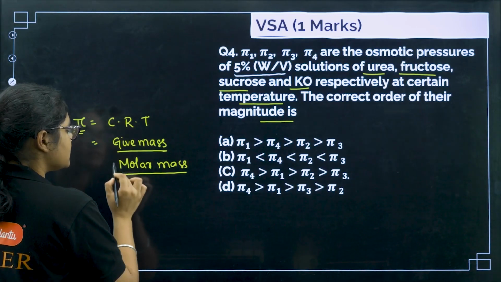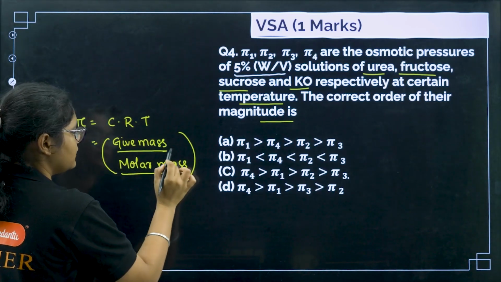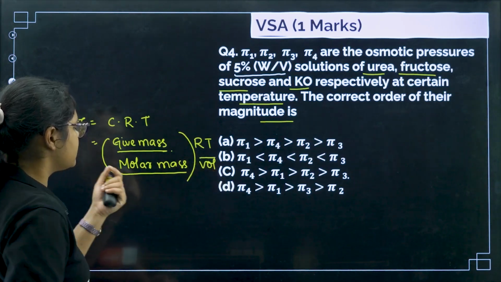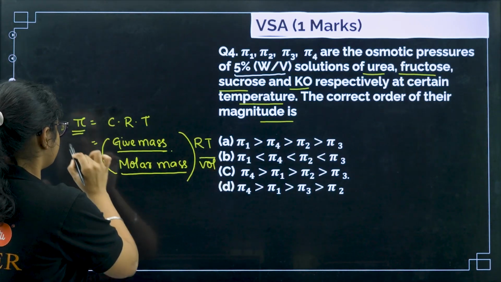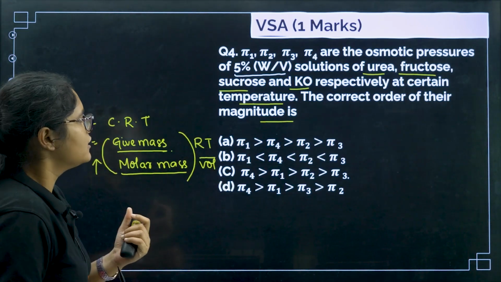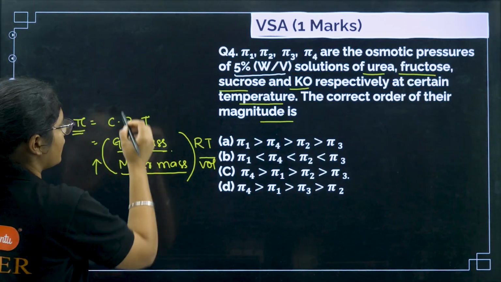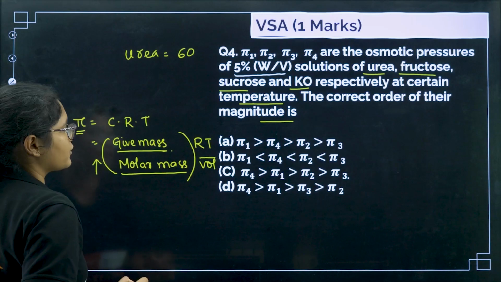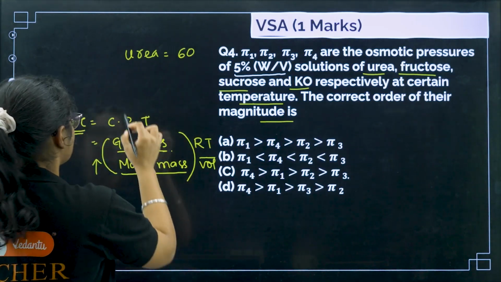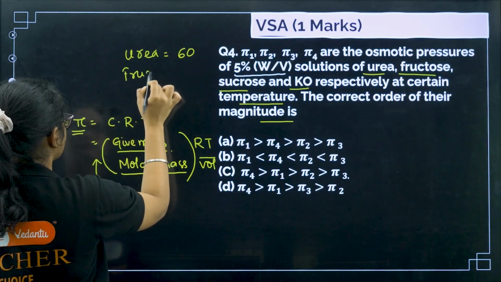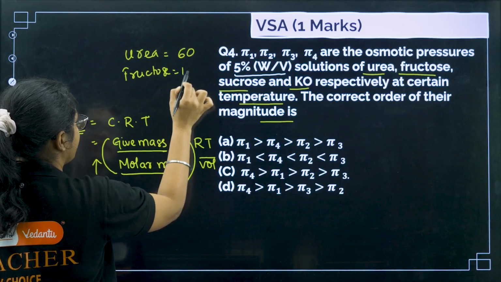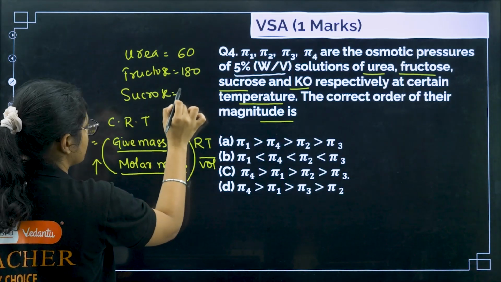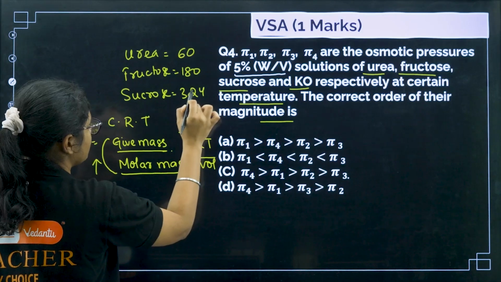So this is the C value, with R into T, and volume is also there. Whosoever molar mass will be more, its pi value will be less, right? Now we have urea, whose molar mass is 60. Then we have fructose, whose molar mass is 180, and then sucrose, whose molar mass is 342.